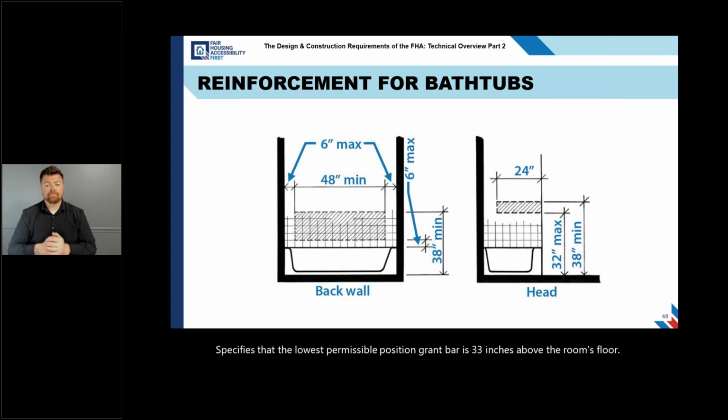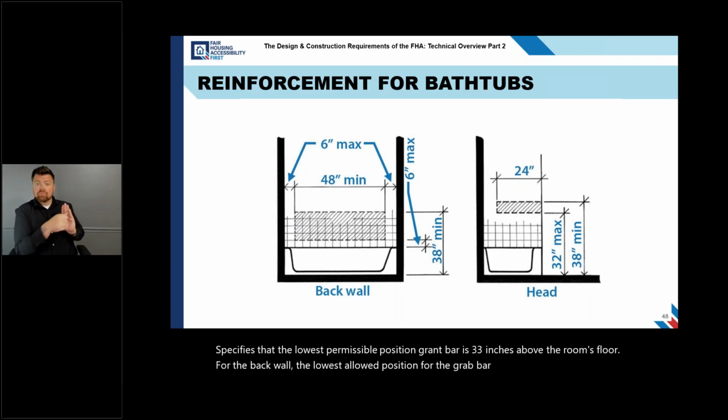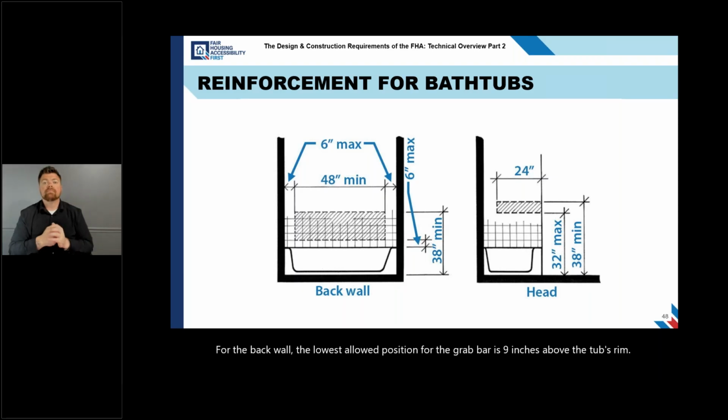For the back wall, the lowest allowed position for the grab bar is 9 inches above the tub's rim. Reinforcement in walls around bathtubs should accommodate these grab bar positions.